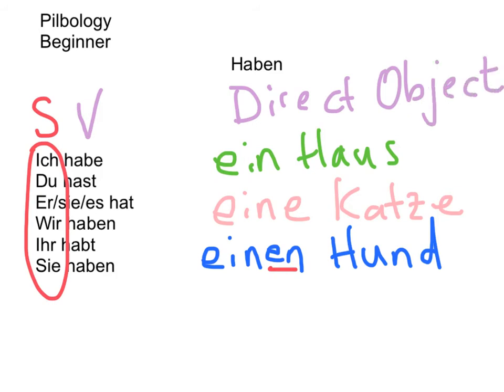I've mentioned the direct object before when I was talking about definite articles and indefinite articles and how sometimes they change. That's in another video which is entitled Definite Articles. There's another one for indefinite articles.